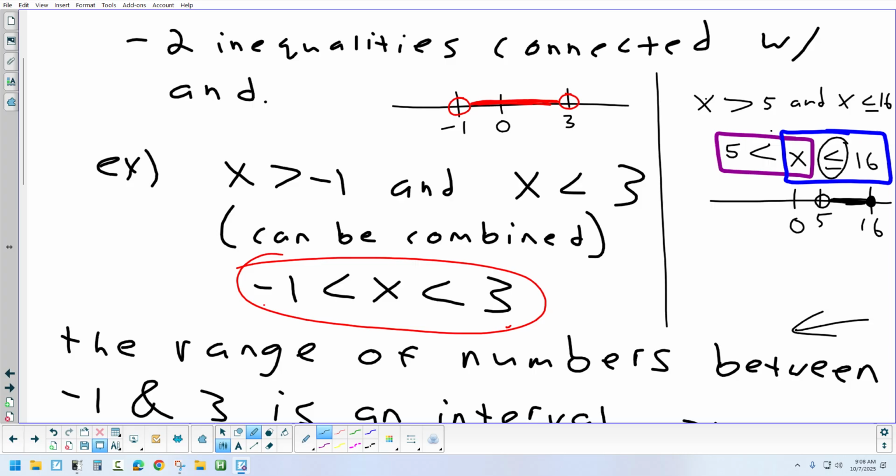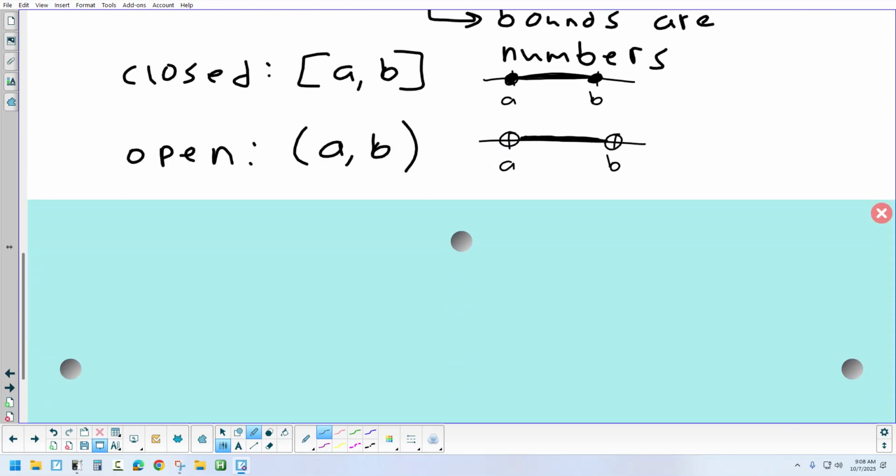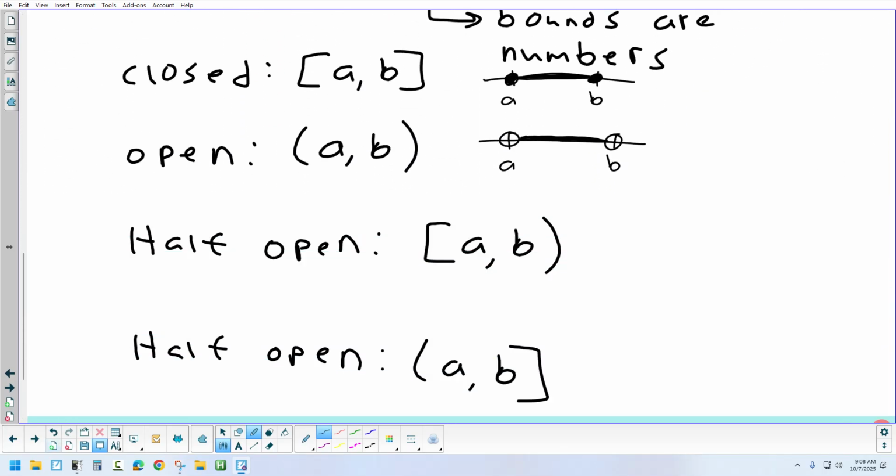One's closed, one's open. And if you forget which one is closed and open, think of it if you were drawing circles. Would it be a filled-in circle? That's closed. Or would it be an empty circle? That's open. So you could have an interval that's open on the left, or just open on the right. So this one is closed on the left, open on the right.